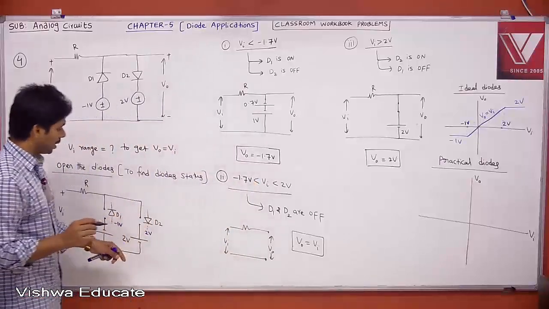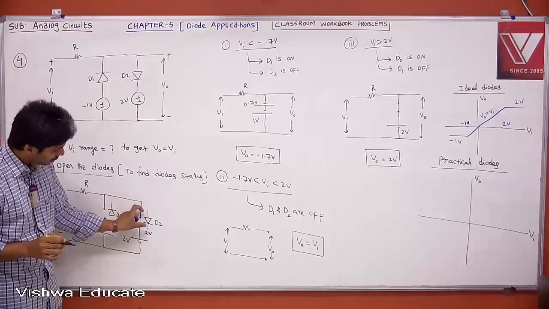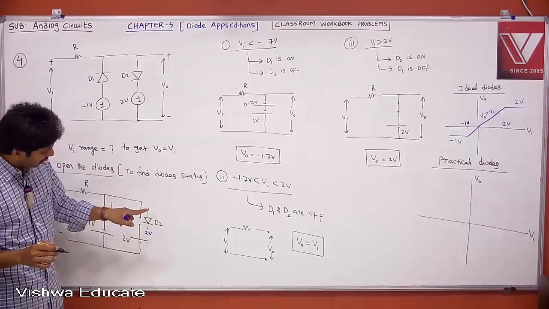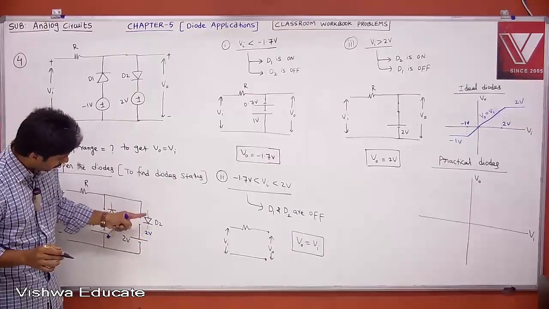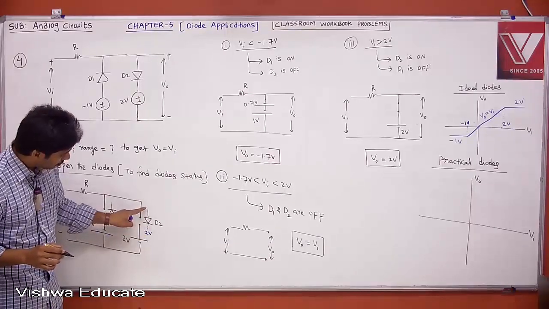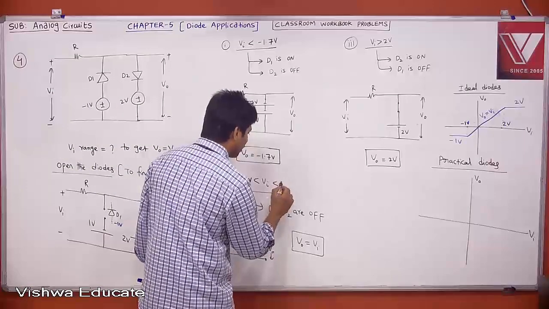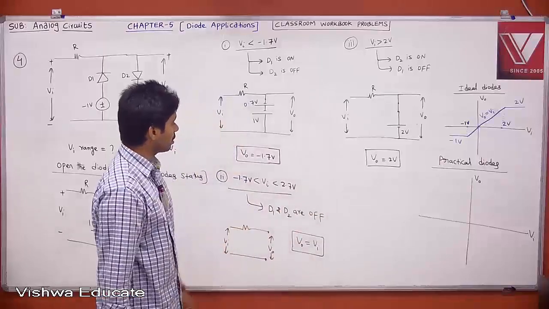Similarly, now this is your minus 1.7. If you see here, when I say this is 2, at least we need a 0.7 voltage drop. Therefore, this voltage should be greater than 2.7. Then only this will be on. It should be more than 2.7. If it is less than 2.7, your diode D2 is also off, and V0 is equal to Vi.